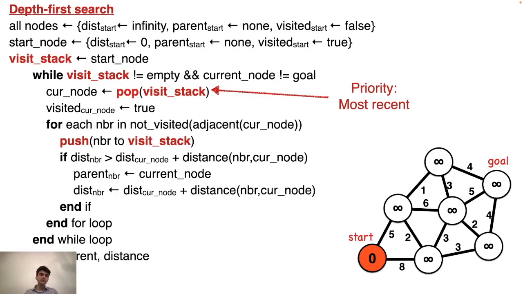In particular, the primary substitution that we're making is we're just going to be expressing our visit list as a stack. A stack is a data structure similar to a list, except that it nicely expresses our notion of highest priority as being the most recently added element.